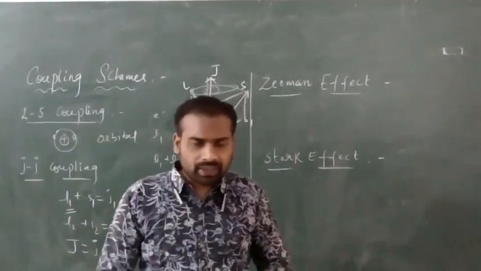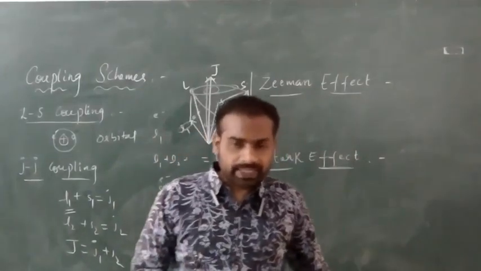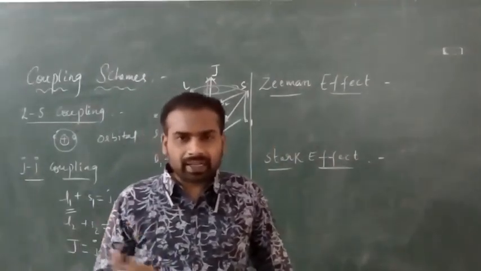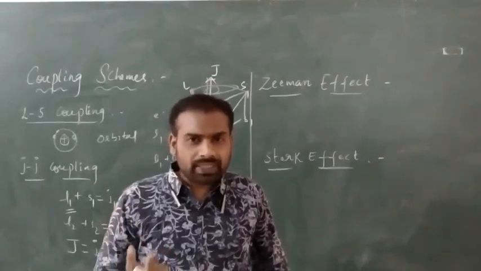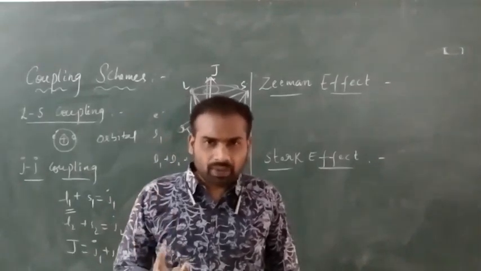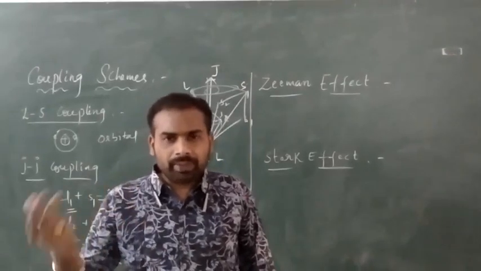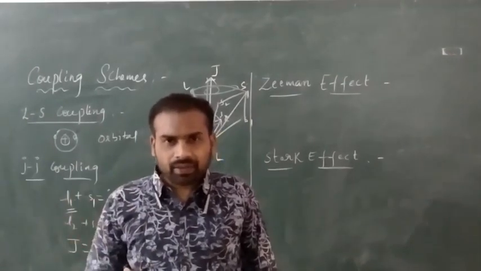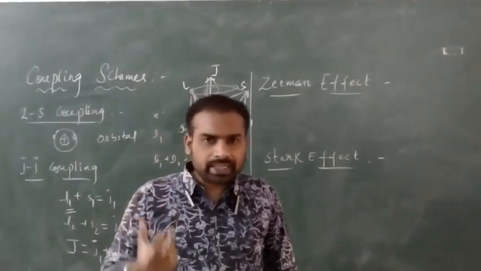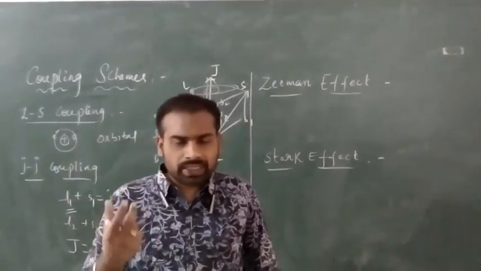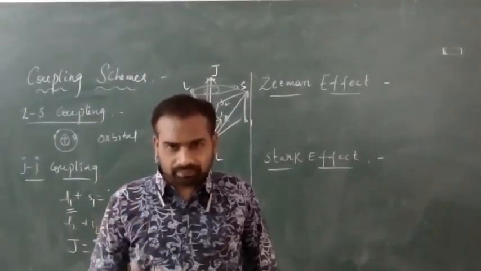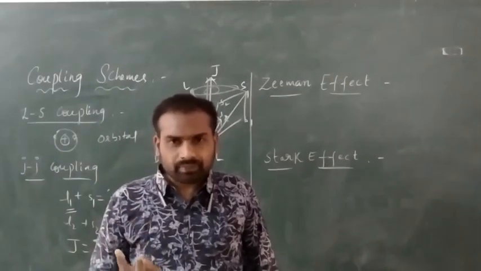What is Zeeman effect? When a source of light which emits a spectral line, every source of light will emit some spectral lines. Thus we are taking a source which emits a line spectrum.